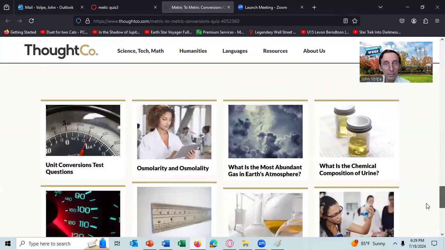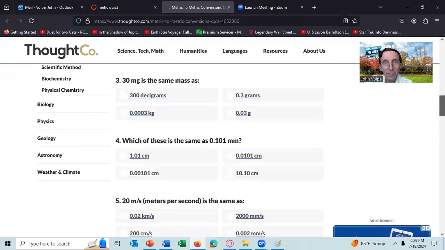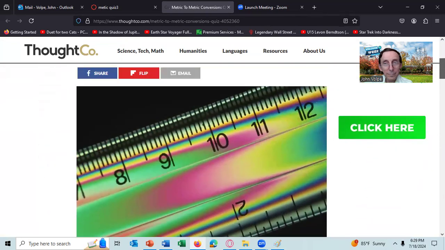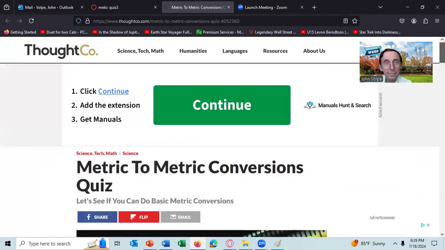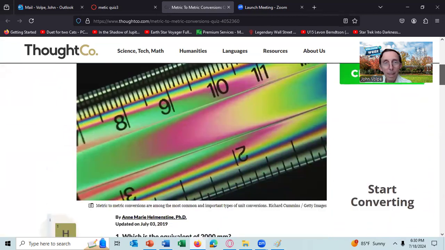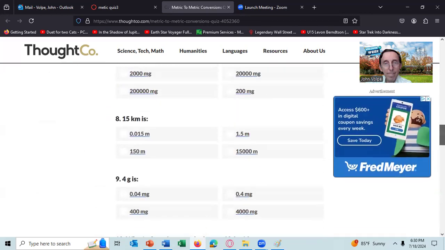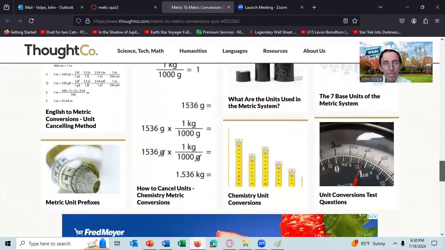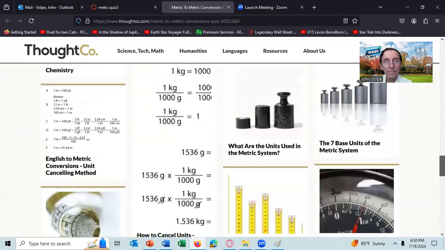Scroll down. And I don't see where I'm supposed to click. I don't think you want to click there. I don't want to add the extensions to my computer, so that's not right either. Well, I'm not seeing the link here.